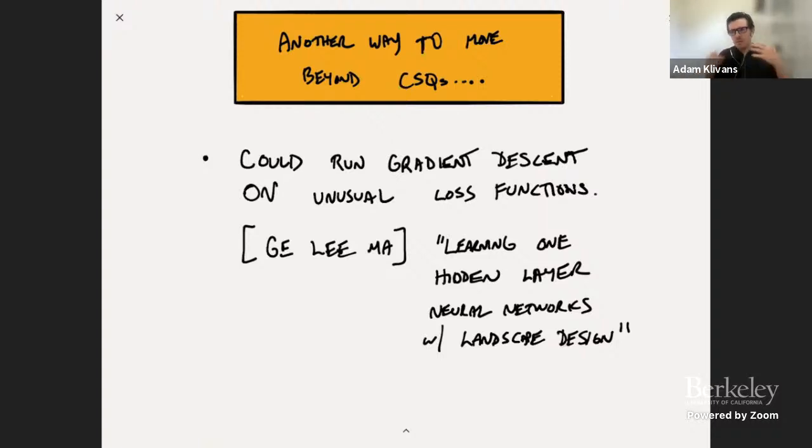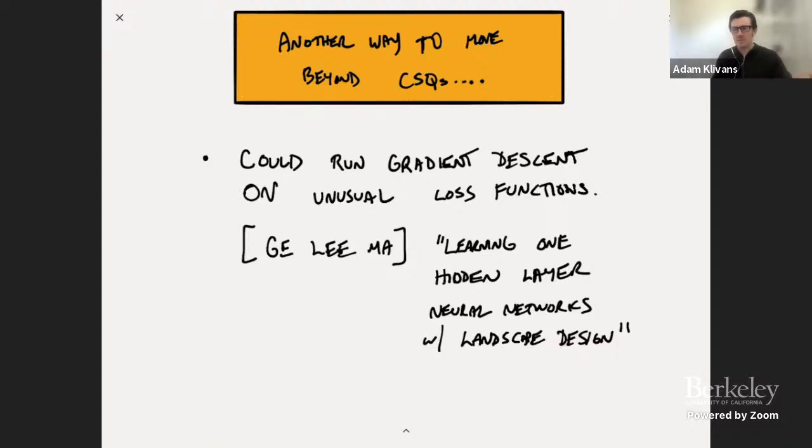But if you cook up something very strange, then for technical reasons, I can't necessarily prove the CSQ lower bound. In particular, there's a paper by Ge, Lee, and Ma that shows how to learn one hidden layer neural networks. And again, it requires positivity of the coefficients and condition number bounds, but it simulates these tensor decomposition algorithms by running gradient descent on a carefully chosen loss function.